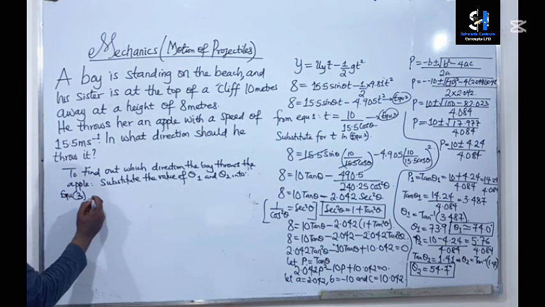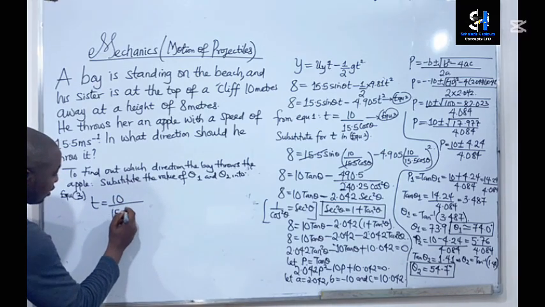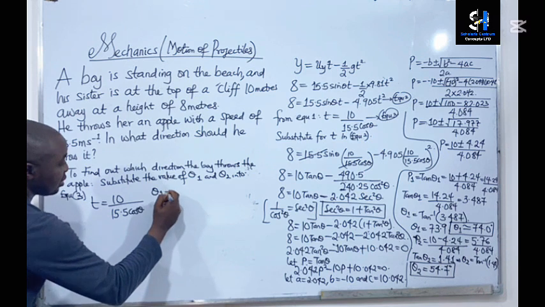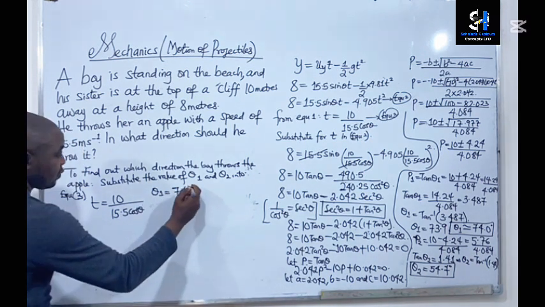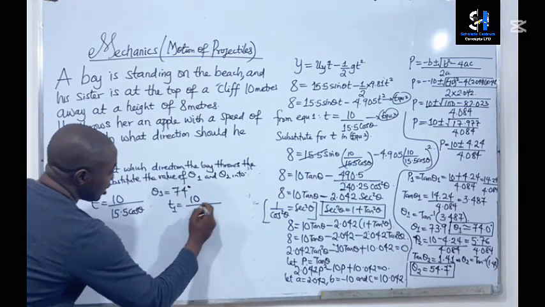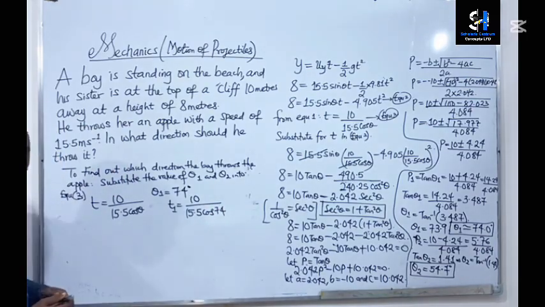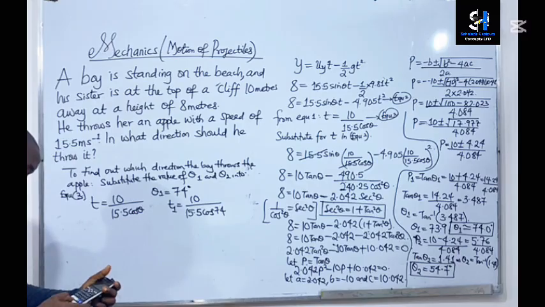Equation 3 is t equals 10 over 15.5 cos theta. So when theta is equal to 74 degrees, t1 will be equal to 10 over 15.5 cos 74. What is 15.5 cos 74?